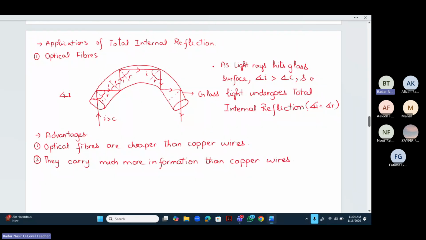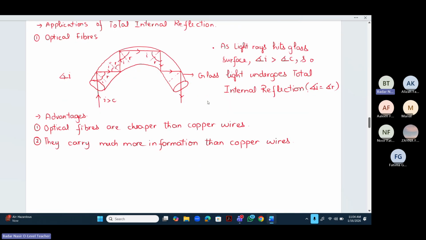So copper wires can only carry a limited amount of information and they transfer the information at a quick rate. They transfer information at a quick rate.